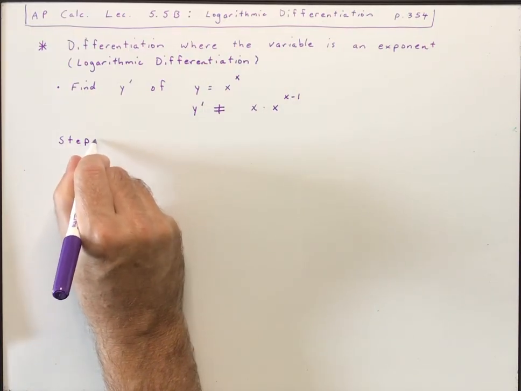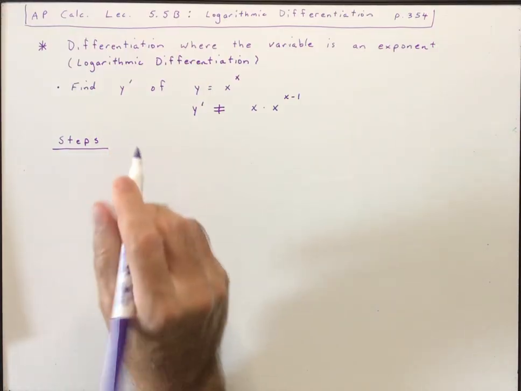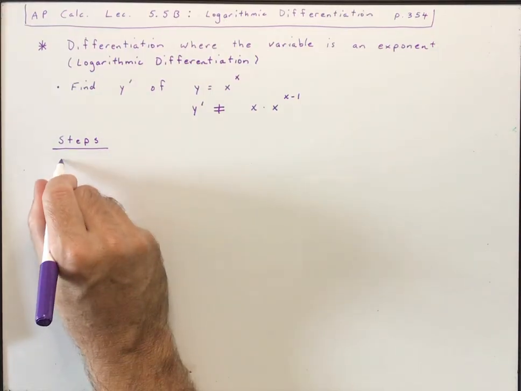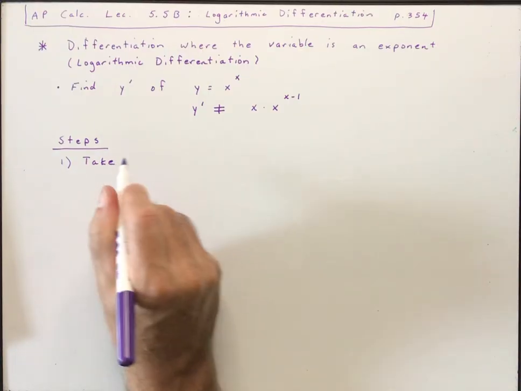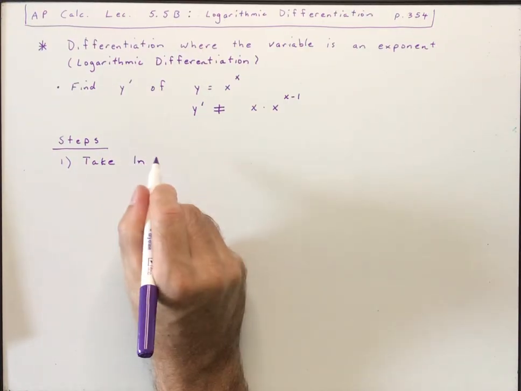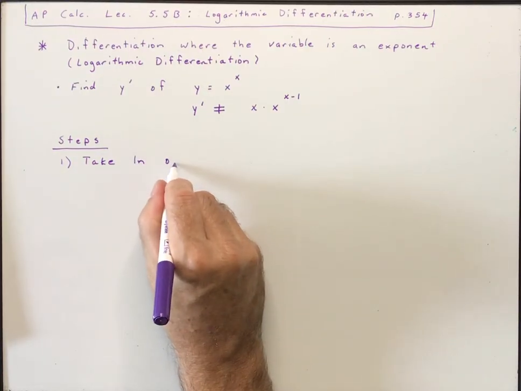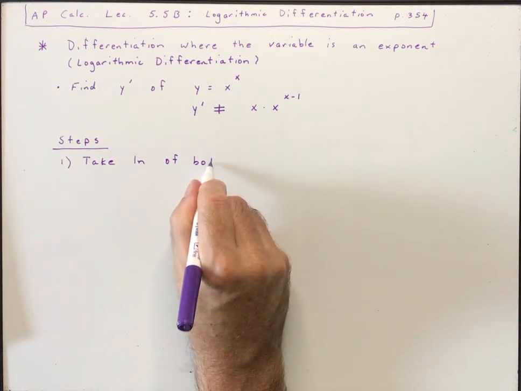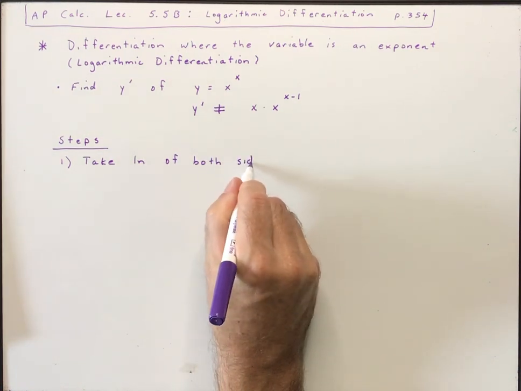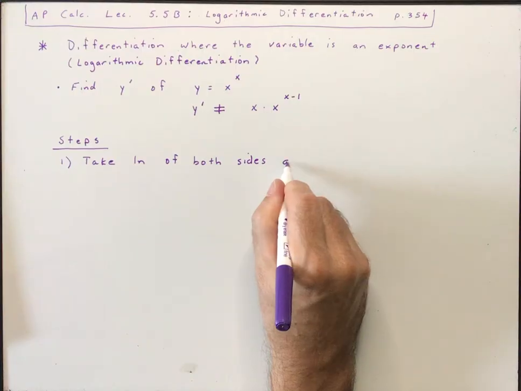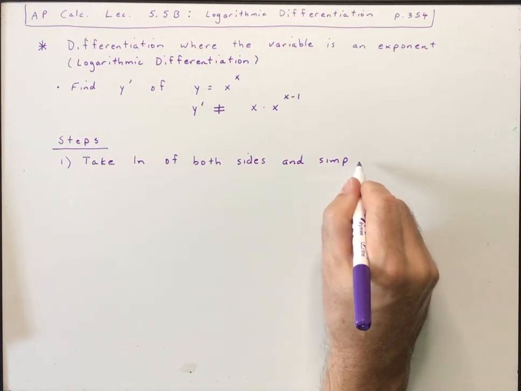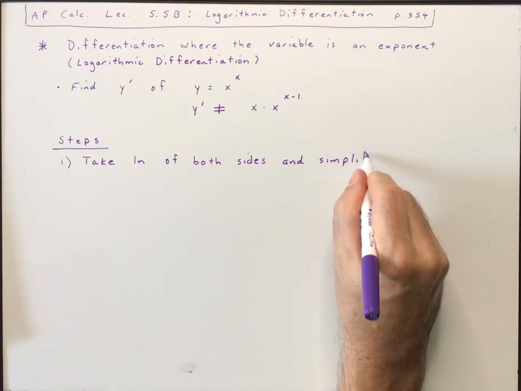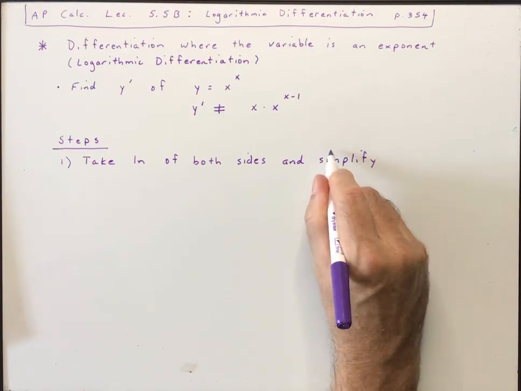Okay, so let's go over the steps of logarithmic differentiation. So first, you're going to take the natural log of both sides and simplify. So we might simplify using, let's say, the power of logs.